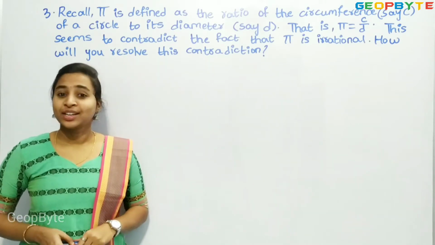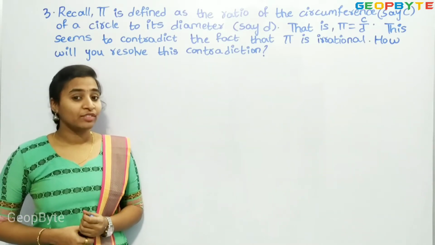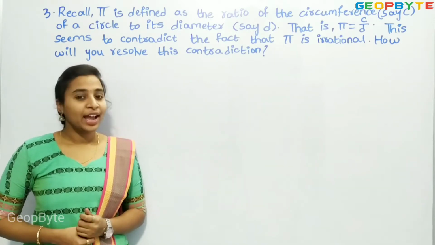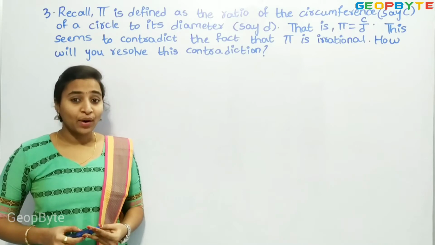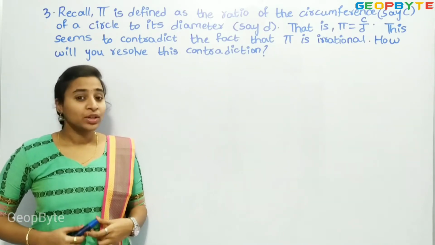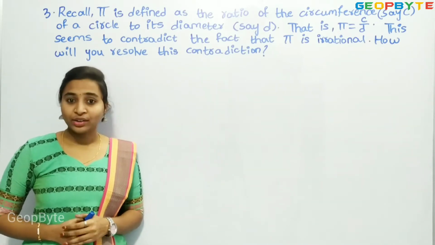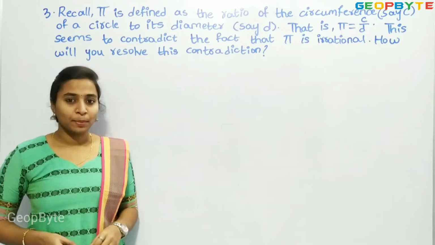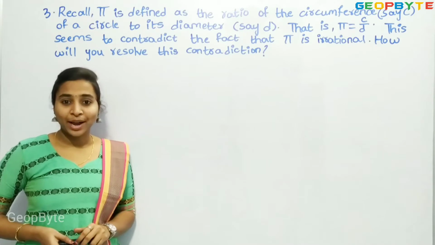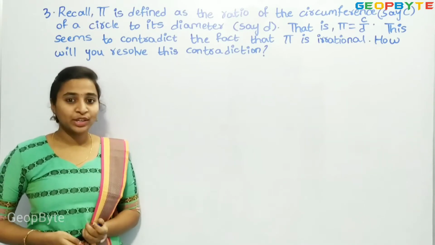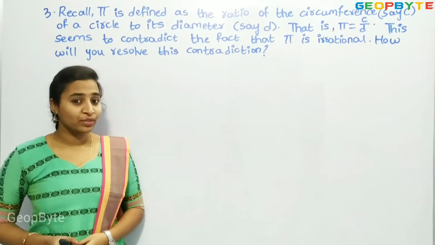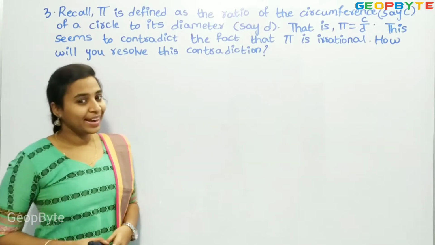See, there is no contradiction. When we measure a value with a scale, we always get an approximate value, not an exact value. So therefore, we may not realize that C by D is irrational. We also know that pi is almost 22 by 7, that is nothing but 3.1415.